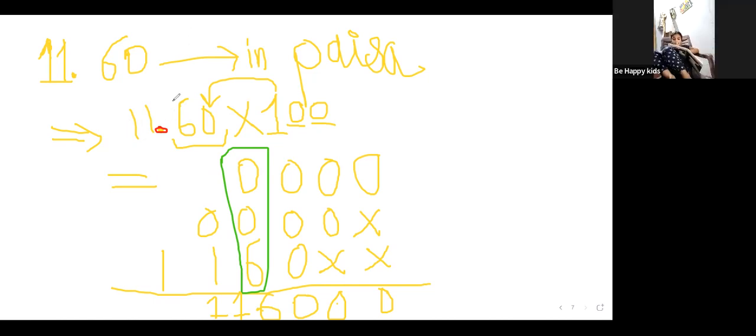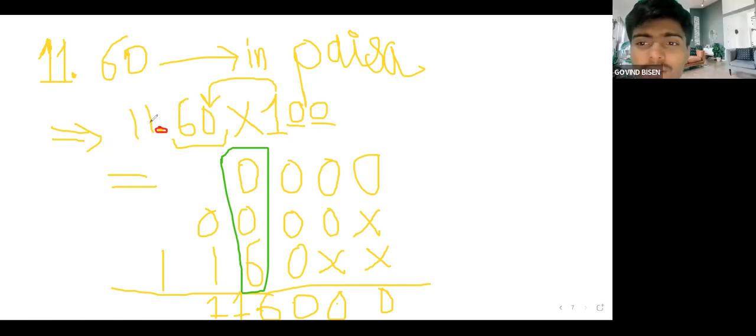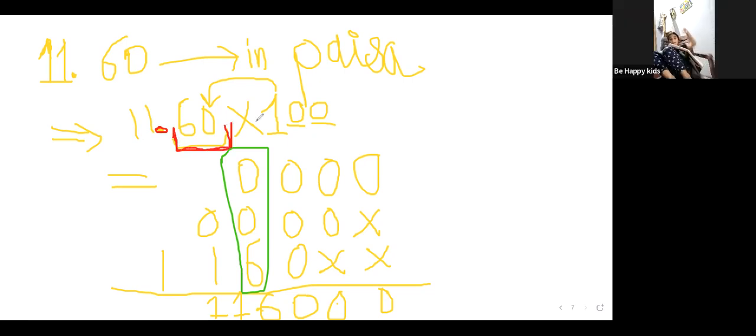Oh, point, sir. Point. Yes, that's a decimal. It is called a point. Okay, but it is called a decimal, right? Point. So it is 11.60. So how many digits are there after the point? On the right side, after the point, 2 digits.